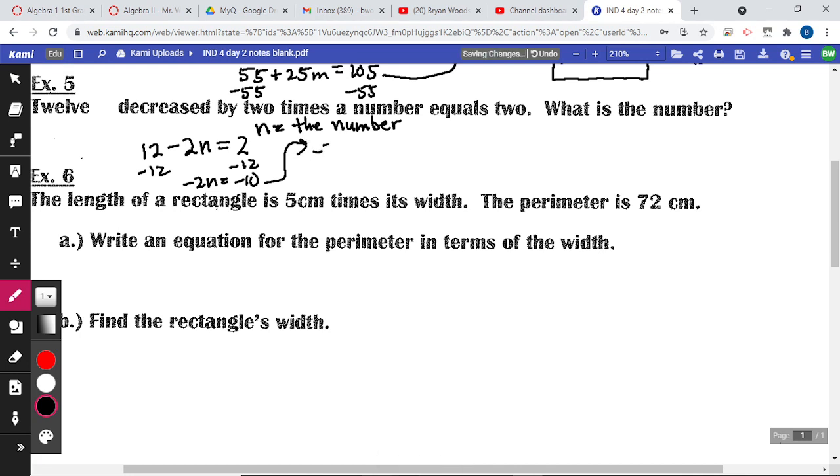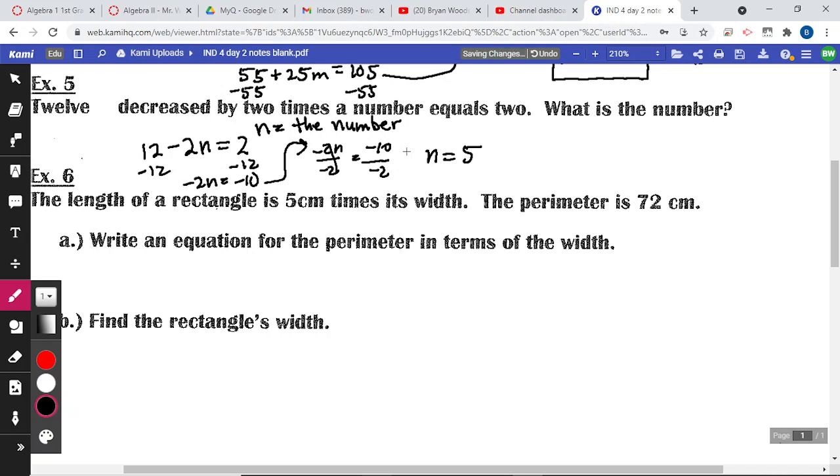Go ahead and write down negative 2n divided by negative 2 equals negative 10 divided by negative 2. Okay, so that cancels. We have n equals 5.